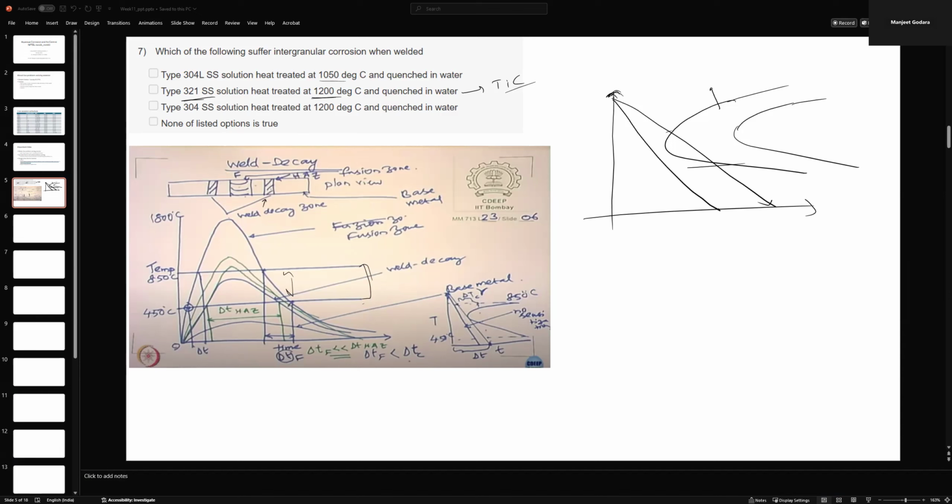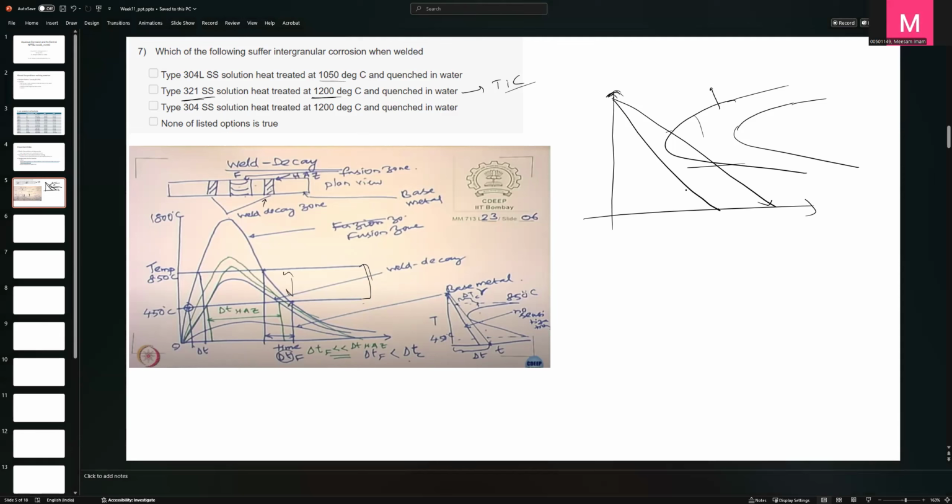Solution heat treatment is generally used to nullify the effect of sensitization and chromium carbide formation. So when the stainless steel is heated to 1200 degrees centigrade, all carbides will get dissolved, and if the cooling rate is fast enough, chromium carbide precipitation won't occur. You won't enter this region.